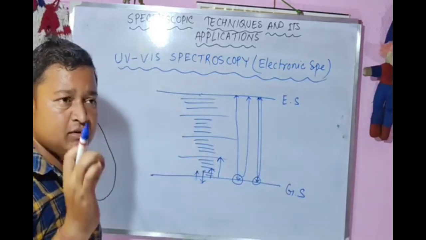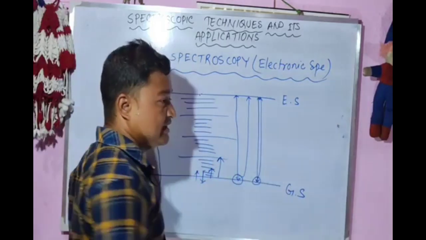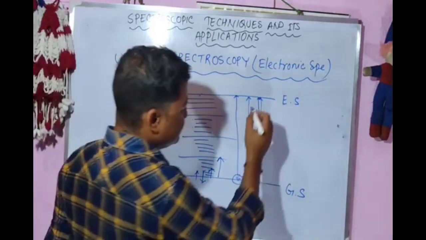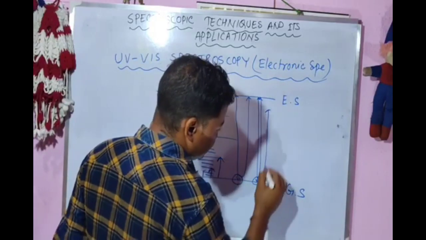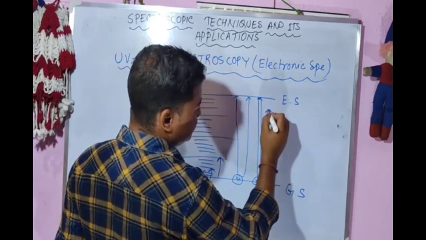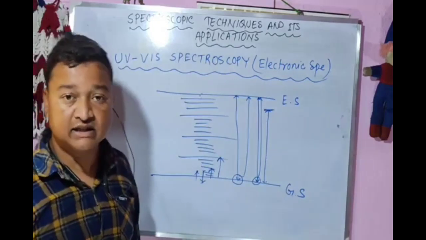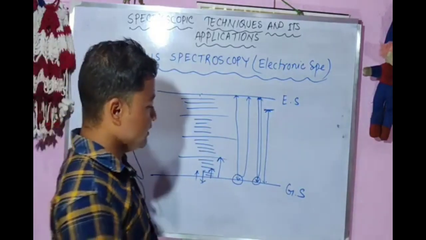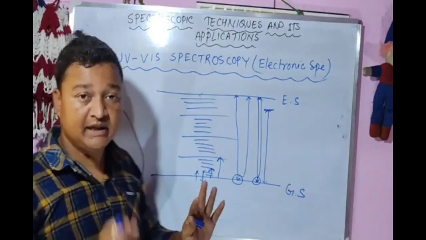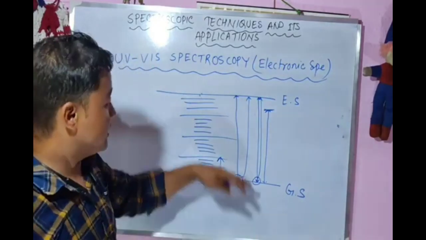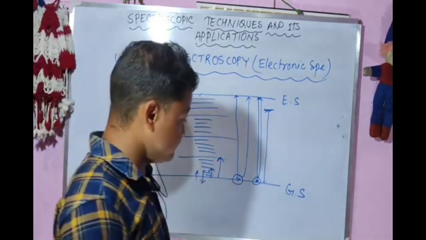If the energy is quite small, so that it matches only the frequency here, then electronic excitation does not occur. Okay, so only when the frequency is completely matched, then the electronic jump occurs.